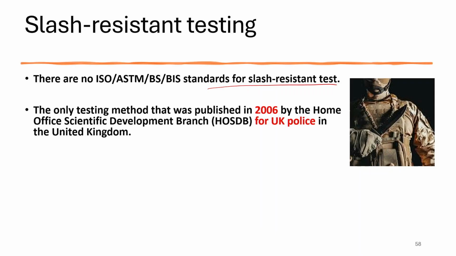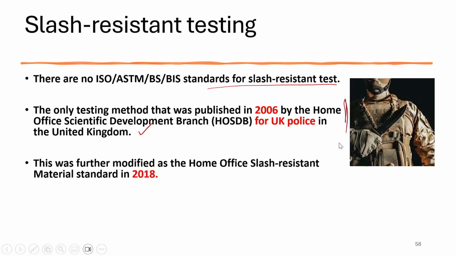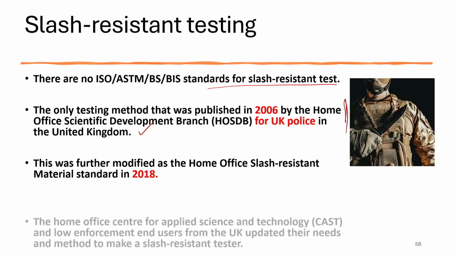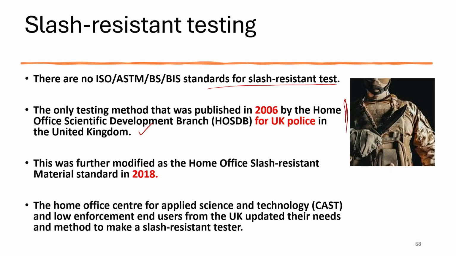The only testing method was published in 2008 by the Home Office Scientific Development Branch for the UK Police, and this was further modified as the Home Office slash resistant material standard in 2018.